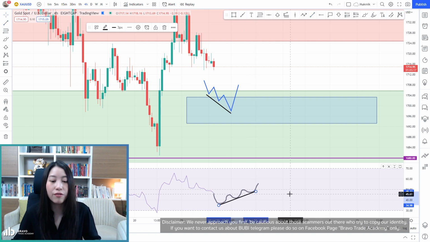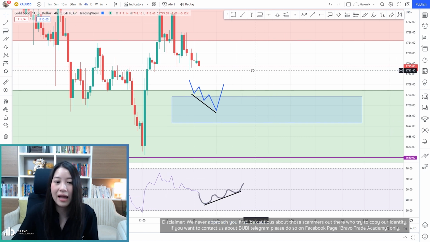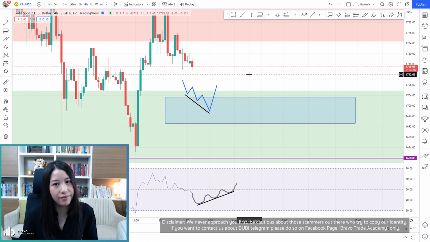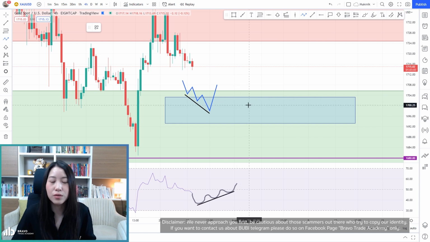This is the confirming signal using the classic divergence. All right, do we have another confirming signal? Yes, we do. So this is the 4 hours time frame. These confirming signals would be in the smaller time frame, for example the 30-minute time frame or the 15 minutes time frame.